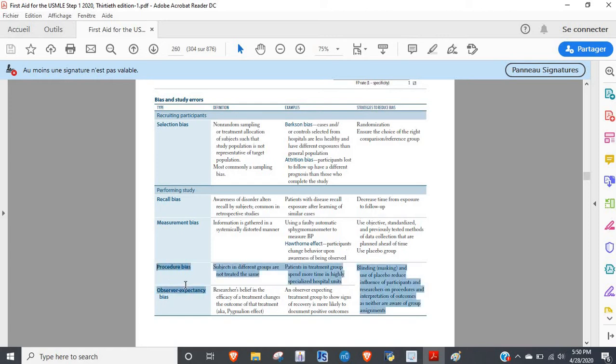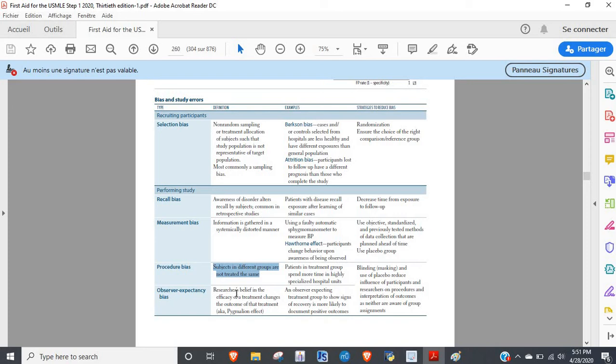These last two are probably the most important, and they have to do with the importance of masking and placebo groups. So of course you should have subjects treated the same in different groups. Even when you look at something like crossover studies, eventually they all take the same thing. And then of course observer expectancy bias.